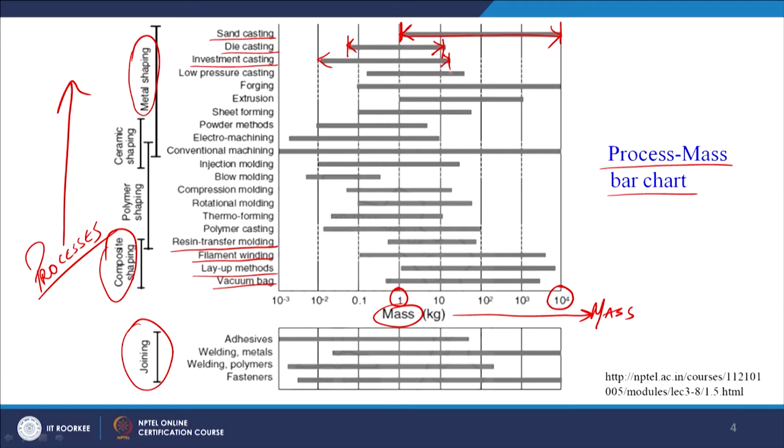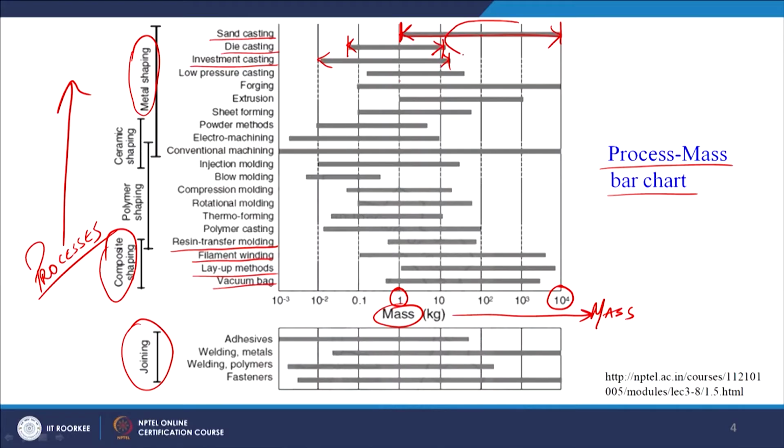So it can make very light or very low weight products. As I have already taken an example, the jewelry items worn by the ladies usually are made by the investment casting process. So we have a range here, for shaping of metals, where die casting and investment casting are not advisable.